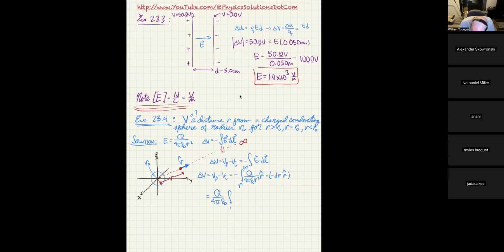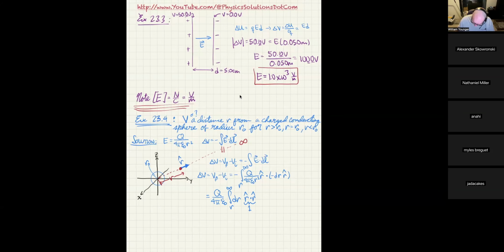And now I'm going to integrate from r to infinity. Here's the part where I use the linearity of the dot product. I'm just going to pull the dr to the left, and all I'm left with is r hat dot r hat, and that r hat dot r hat, as we saw with Gauss's law, is in fact 1.